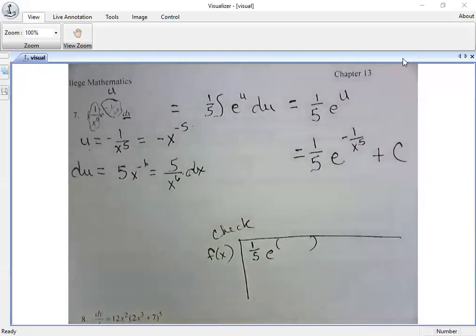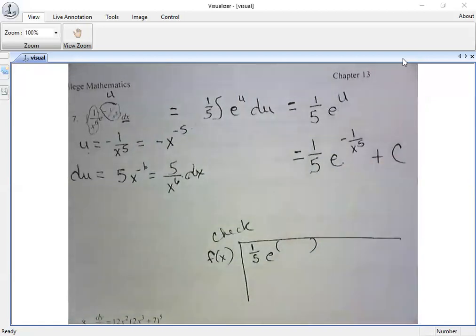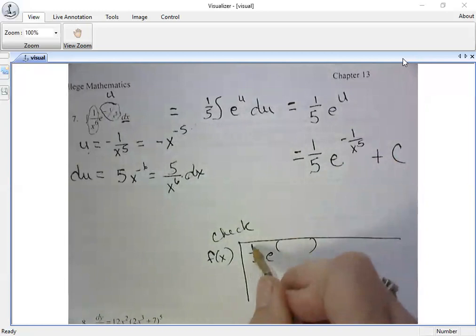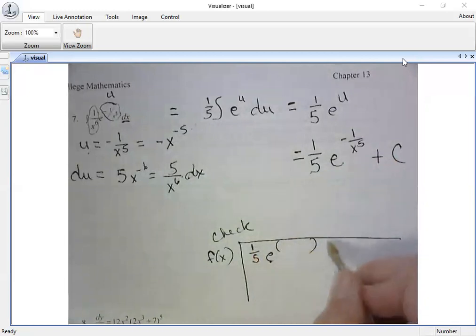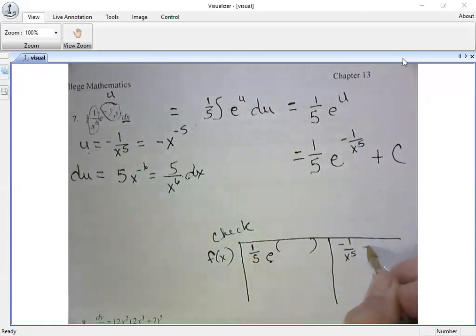We just put an open parentheses when we use the chain rule. All we're doing now is saying, okay, let's let this be u, instead of putting open parentheses. So it's 1/5 e to the something, and that something is negative 1 over x to the 5th, which we said could be written as negative x to the negative 5.